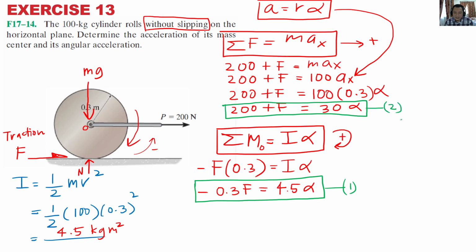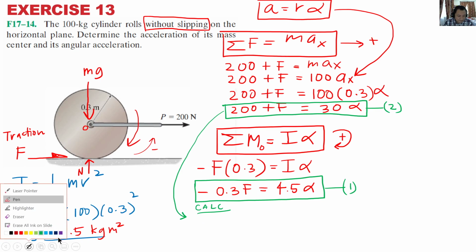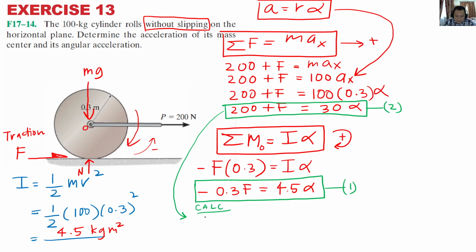If you want to use calculator, you gotta arrange it slightly more proper. Okay, let's use calculator. You're gonna get 30 alpha minus F is equal to 200.